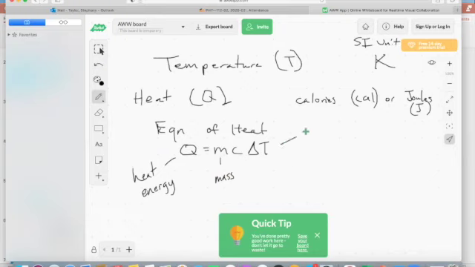Delta T is the temperature difference. And then your C is your specific heat. Specific heat is usually a constant that depends on the material. So the specific heat of water is going to be different than the specific heat of air, which is going to be different than the specific heat of some sort of metal or any other material. So different materials have different specific heat constants.